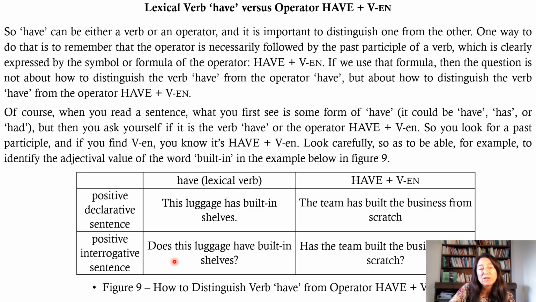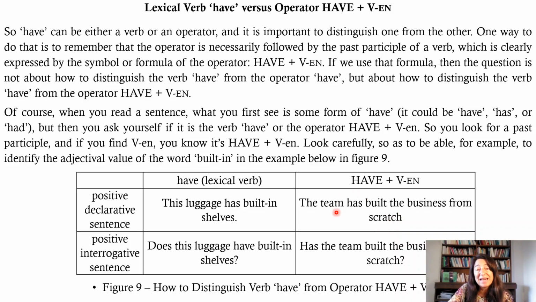Well, this is a difficult sentence because have is followed by VEN, but it's a past participle that is used as an adjective, as you can see here, since it's connected to another word there, and both of them, built in, qualify a noun. So that's an adjective. So that's not have plus VEN, so that's not the operator.